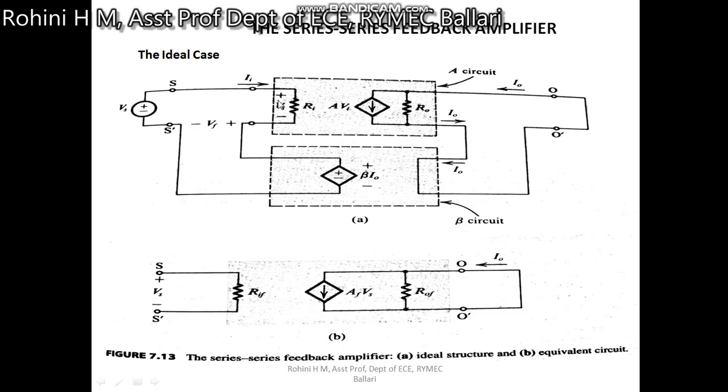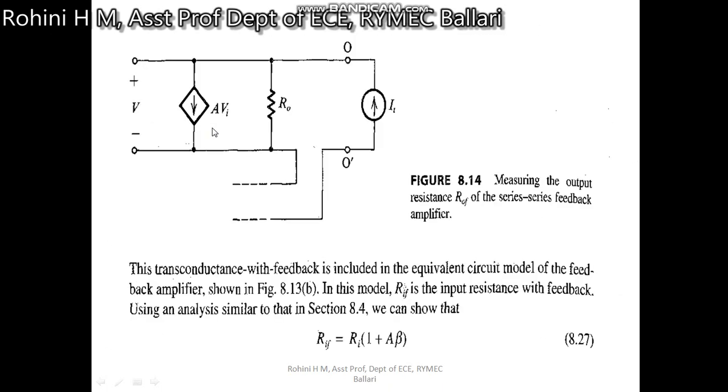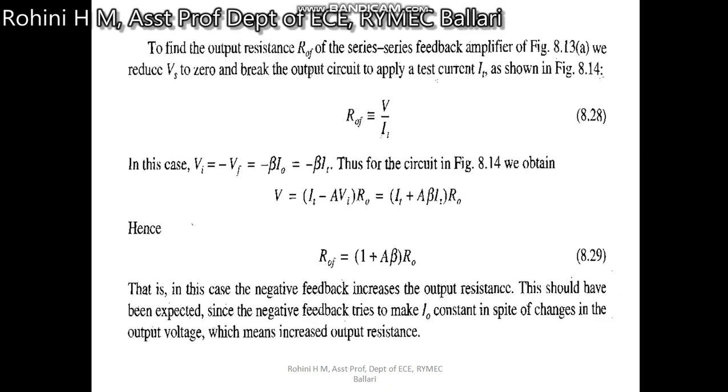As you know, the input voltage Xi is nothing but the source minus the feedback, Xs minus Xf. So here Vi is nothing but Vs minus Vf. If Vs is 0, Vi is nothing but minus Vf. Applying the same rule, when the source value is 0, the input becomes minus of the feedback.